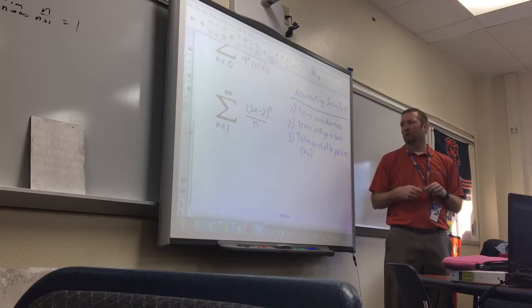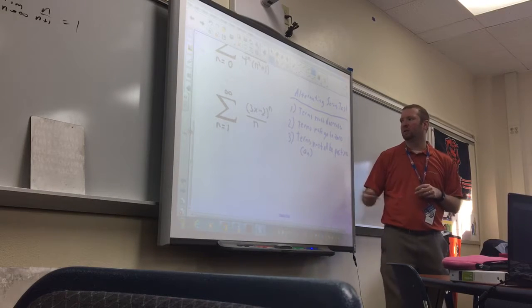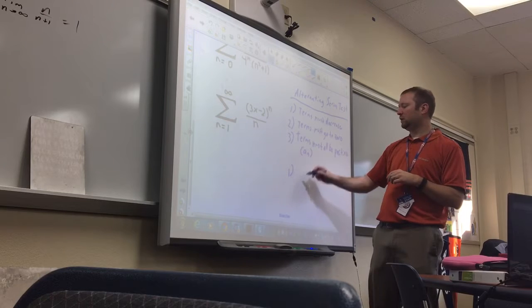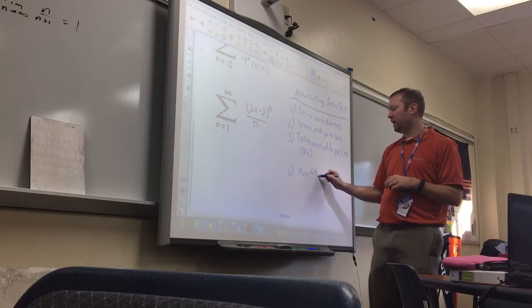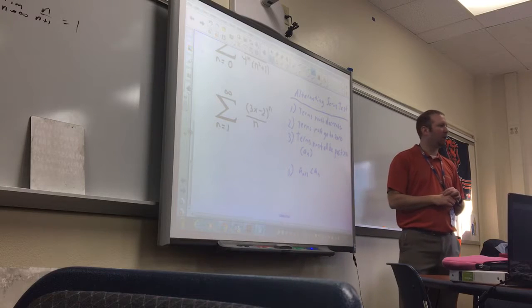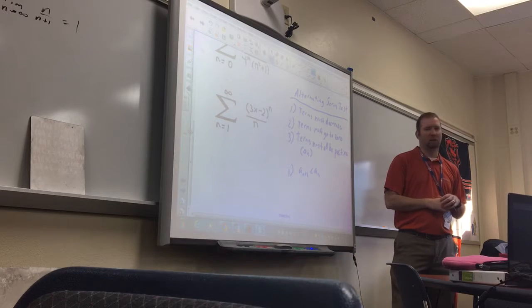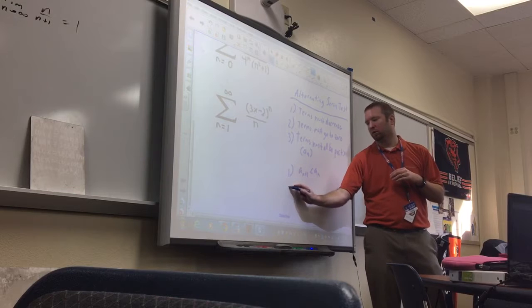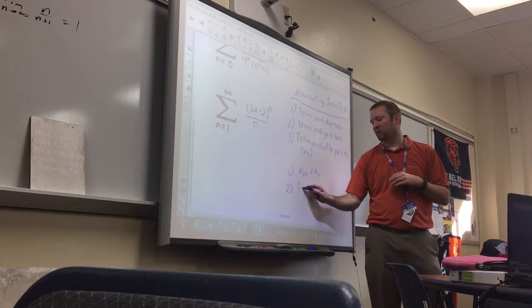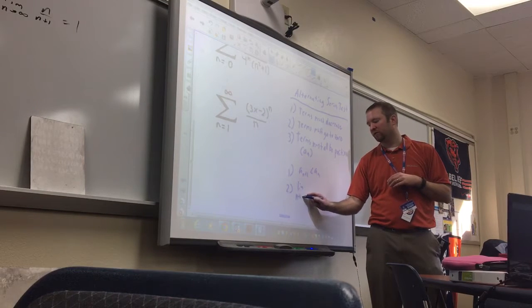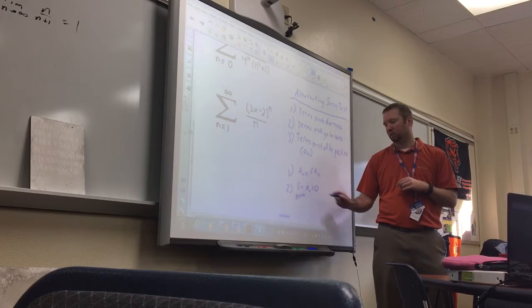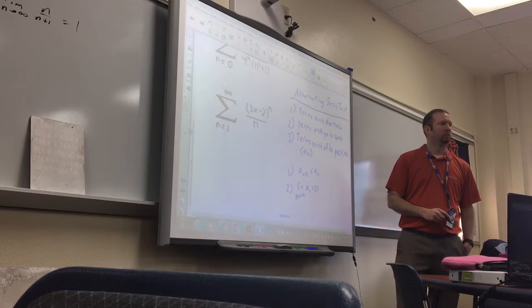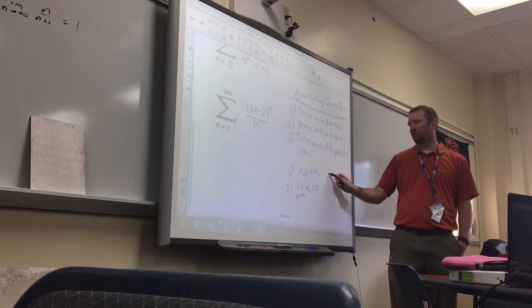Okay? So these are my premises. Number 1, a sub n plus 1 has got to be less than a sub n. Terms have got to get smaller. Premise 2 says the limit as n goes to infinity of a sub n had better equal 0. And premise 3 is that it has to alternate.